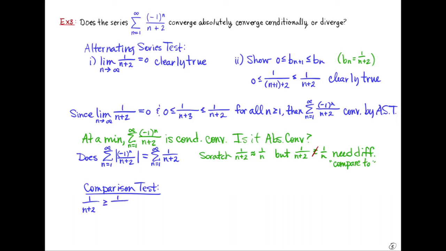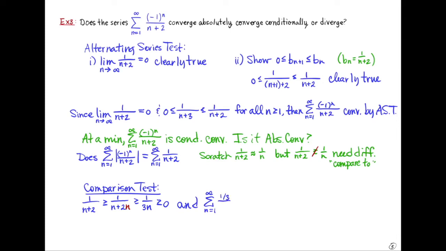And while it's not true that it's greater than or equal to 1 over n, it is true that it is greater than or equal to 1 over n plus 2n. And by adding that extra n in the denominator, now we can combine like terms. So we have that is greater than or equal to 1 over 3n, and that is greater than or equal to 0.